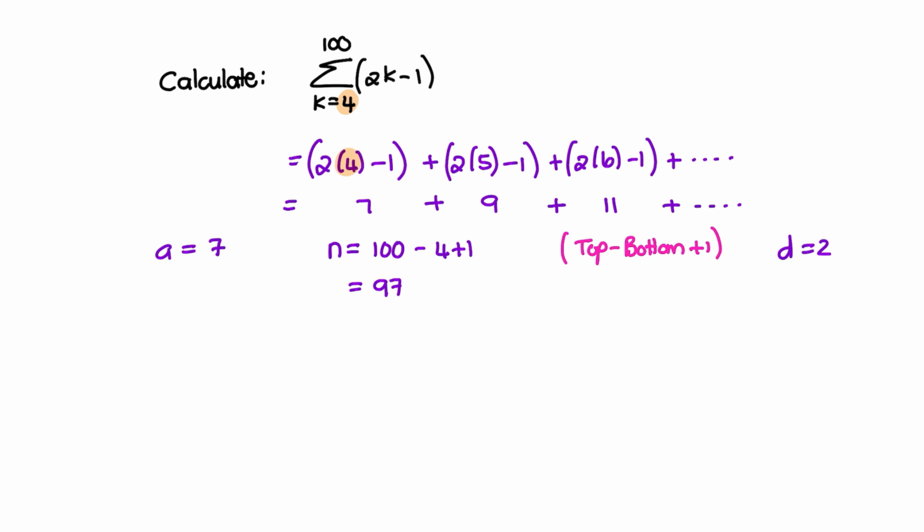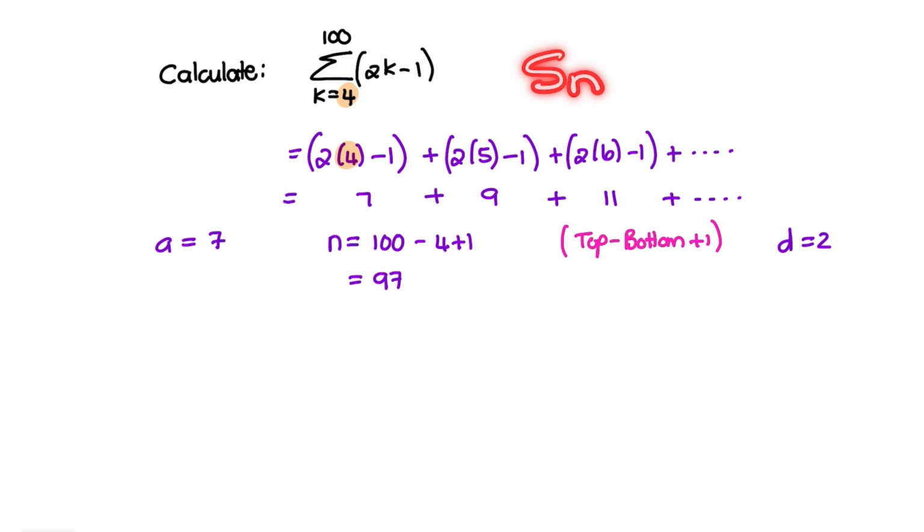And on our formula sheet, we have two formulas for Sn. One, where there is a constant difference between terms, and the second, where we have a constant ratio between terms. So if I can establish a constant difference or a constant ratio between terms, then I can use one of the Sn formulas.